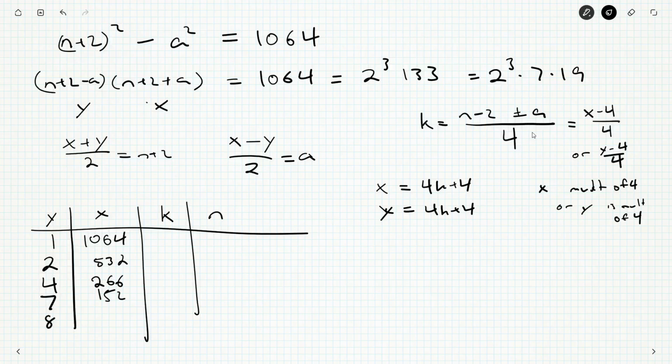We can have 8 and then 133. And we also have 14 and 4 times 19, which is 76, I believe. Yeah, 76.